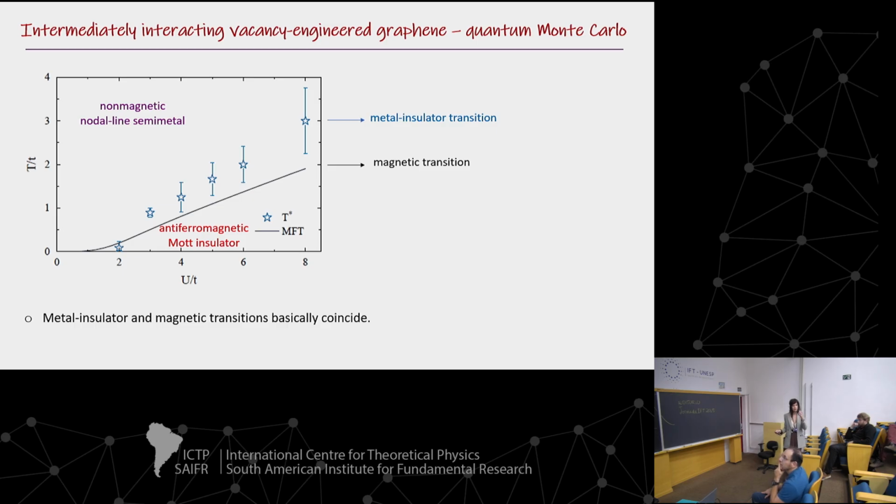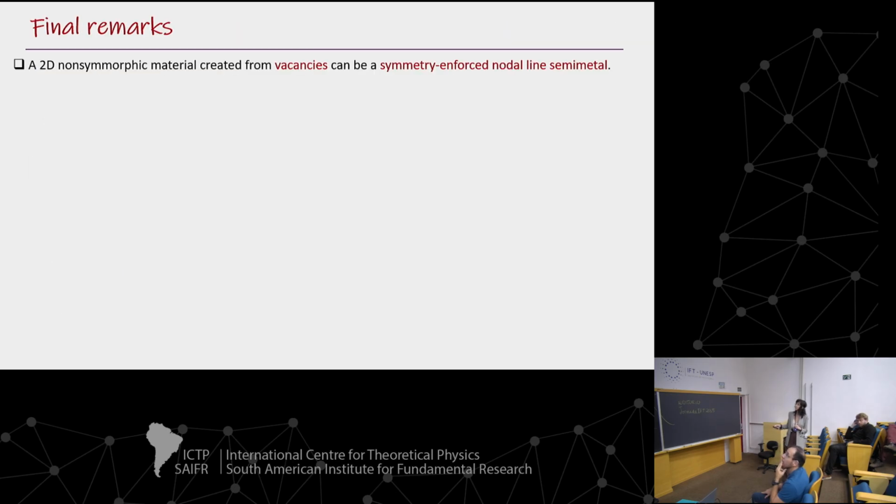This antiferromagnetic phase has this pattern of stripes of high and weak magnetization intercalated. And with that, I think I'm ready to come to my conclusions.